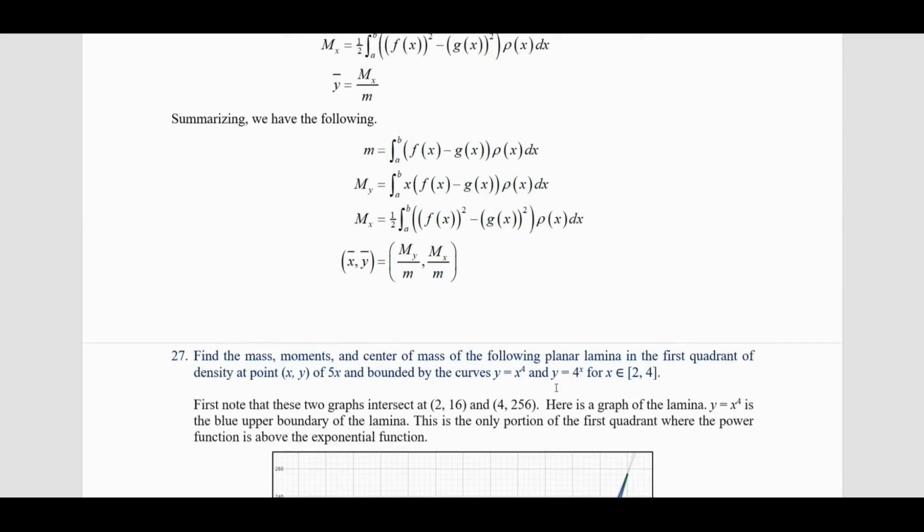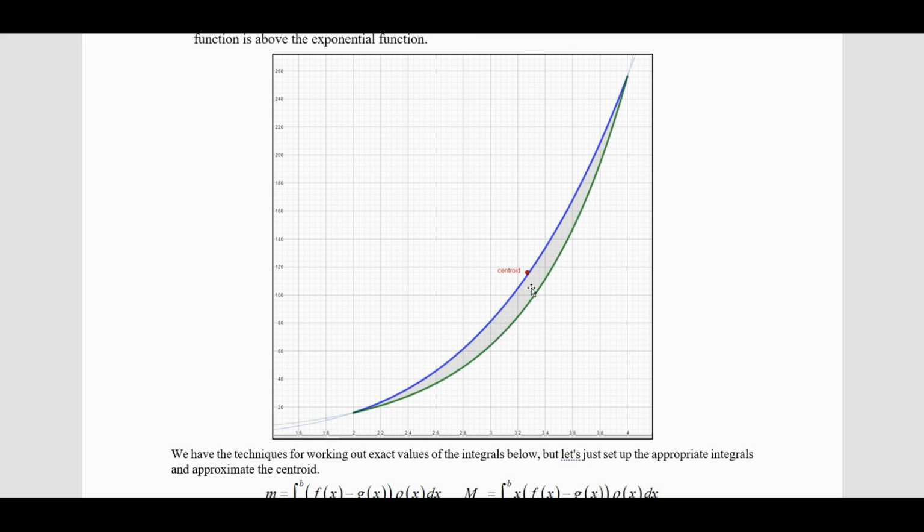And you get 47,208 and some decimals. Divide that by m, and I get 116.1262, whatever. So I graph that, and that is the point right there. Notice that the function being 5x for the density is low on the left and bigger as you go on the right, but it's constant on a vertical strip.